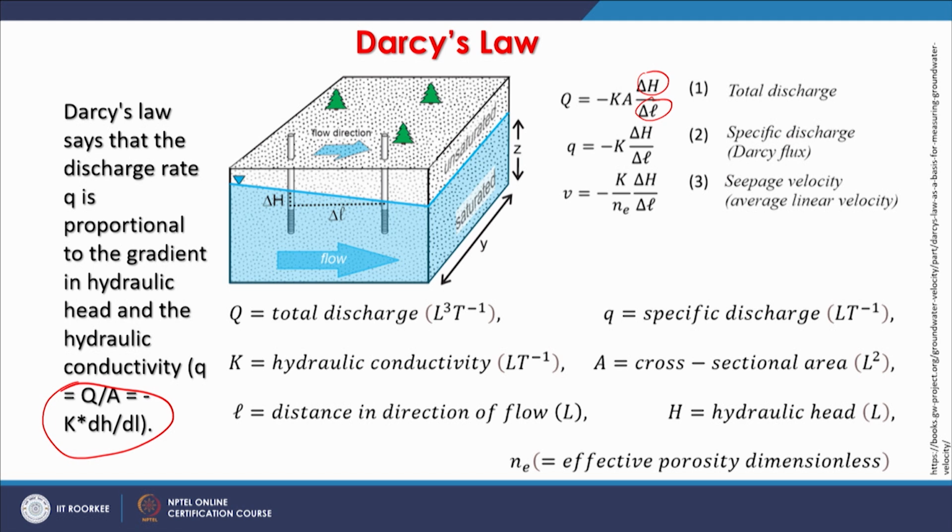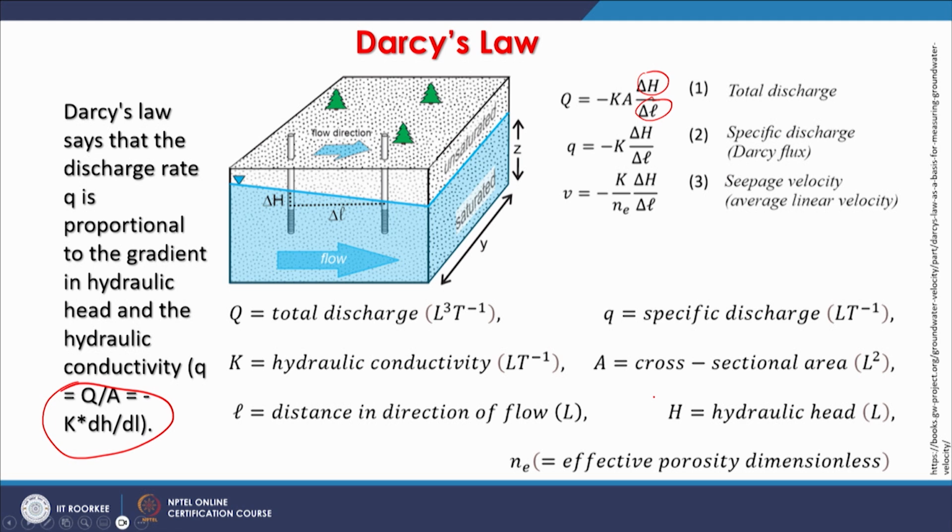This will give us the total discharge, and there will be a minus sign also. Q is the total discharge, in cubic length per time, maybe per minute. Whereas K is the hydraulic conductivity, length per time, and L is the distance in the direction of flow, shown here as L.